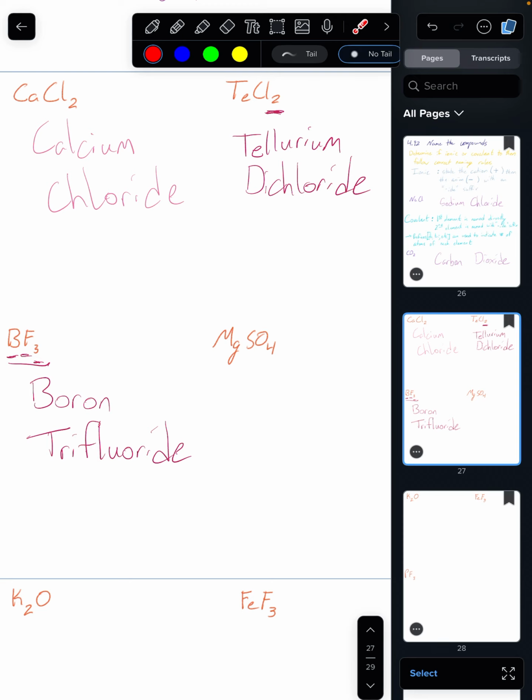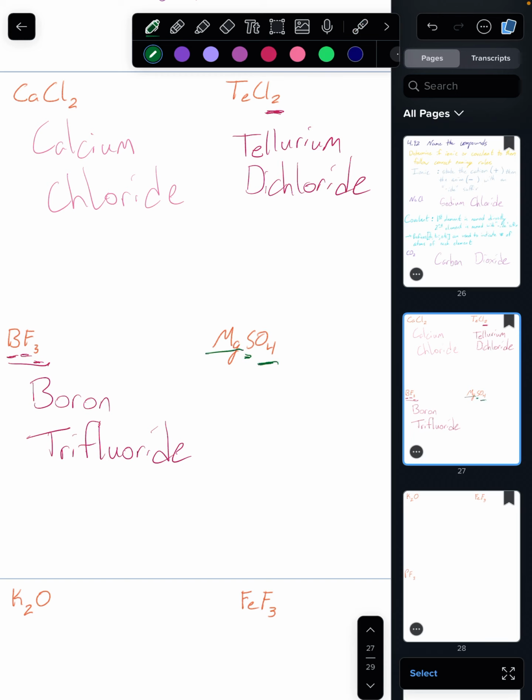Now, with this one here, this is going to be magnesium and sulfate and oxygen. This one, you kind of just have to memorize what this symbol means, because you can't really go off any of these other ones, because it does have the 3 different compounds.